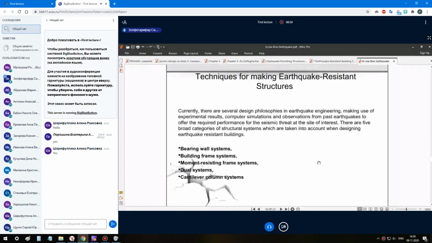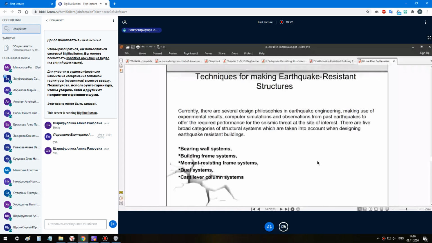Another slide shows some techniques of making earthquake resistant structures. In short, currently there are several design philosophies in earthquake engineering, making use of experimental results, computer simulations and observations from past earthquakes to offer the required performance for the seismic risk at the site of interest.